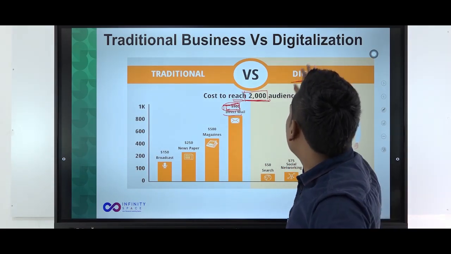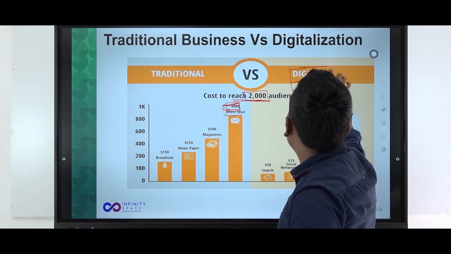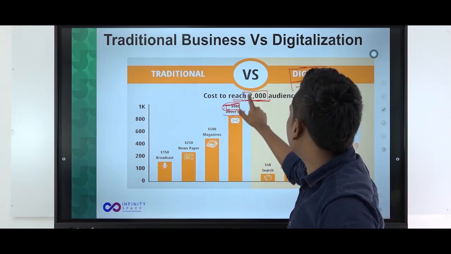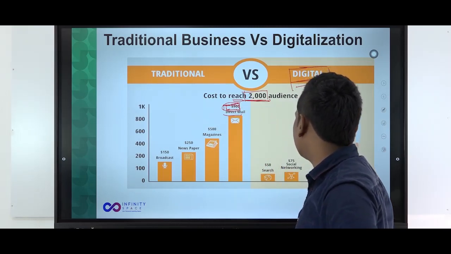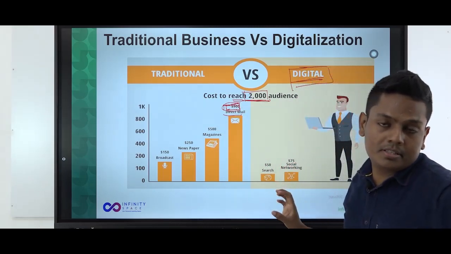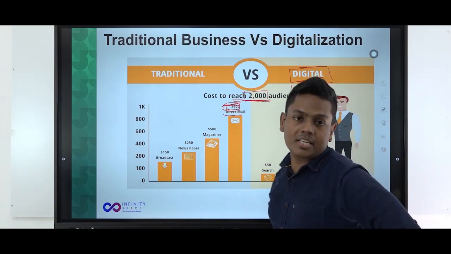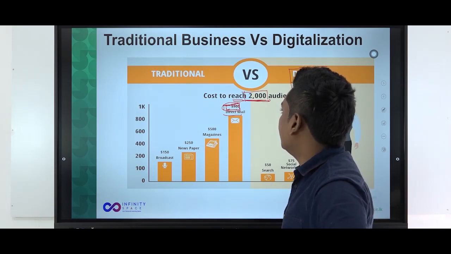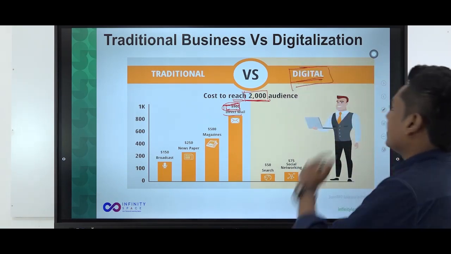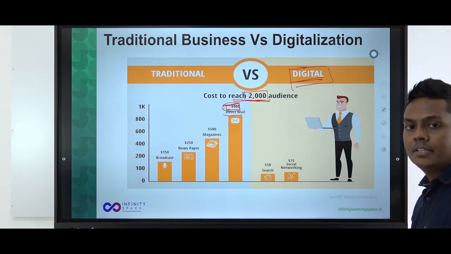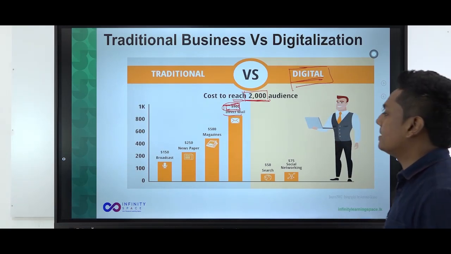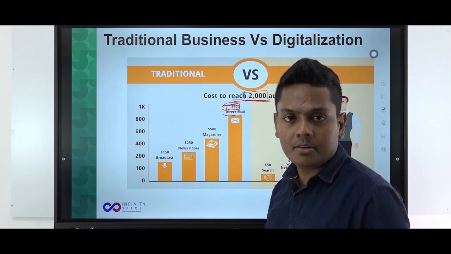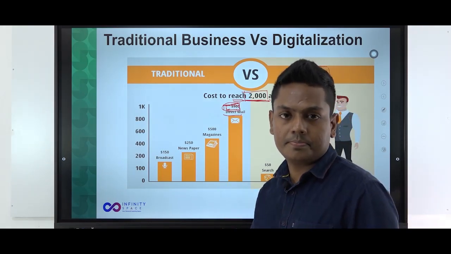That is where digital comes into place. Before, it cost you a lot to reach 2000 audience, but now it costs very little to achieve the same number. That is the benefit of digitalizing, using digital technologies for certain business operations.